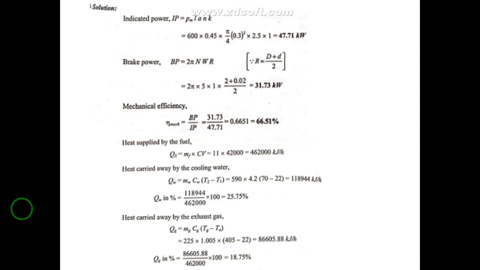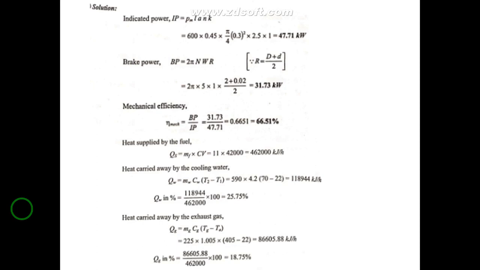This is the indicated power. Next is brake power, noted as BP. The formula is 2 pi N W R.